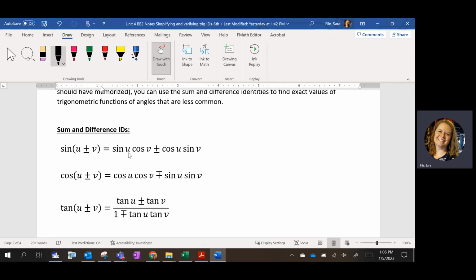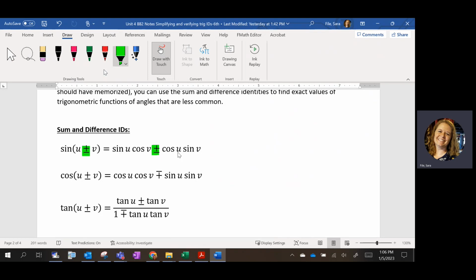Sine of the first angle times cosine of the second angle, and then whatever this sign was, I'm going to color code this because this is a common place to make a mistake. This sign stays the same. So if it was sine of u plus v, that's going to be a plus. If it was a minus, this is going to be a minus in the expansion.